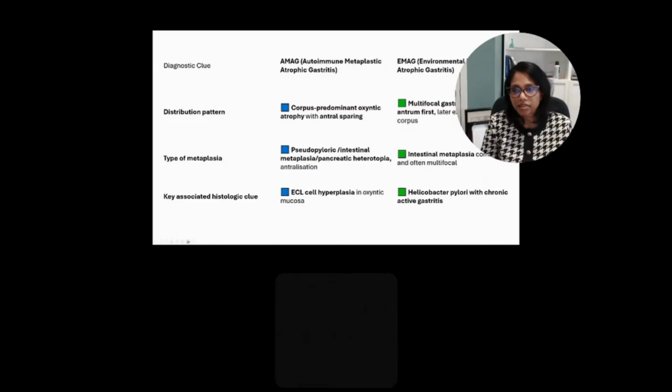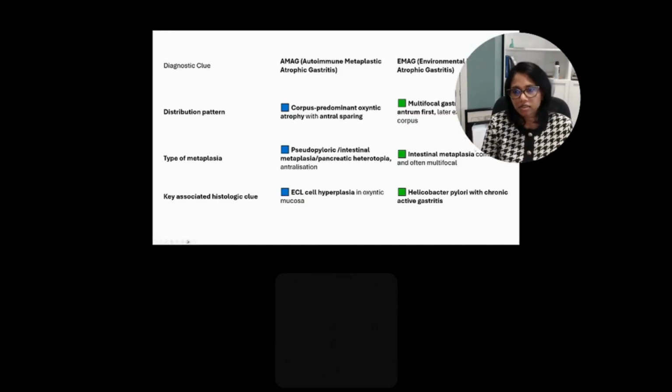In the environmental causes, it tends to be multifocal. It usually involves the antrum first, and it might later extend to the body. And I mentioned the typical metaplastic changes that you might see within atrophic gastritis or autoimmune gastritis, including pseudopyloric metaplasia, intestinal metaplasia, and pancreatic heterotopia, and it's effectively antralization. It's looking like antrum.